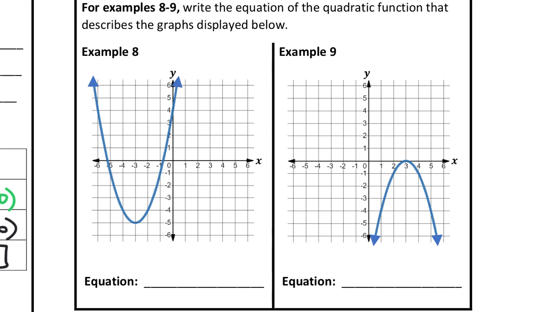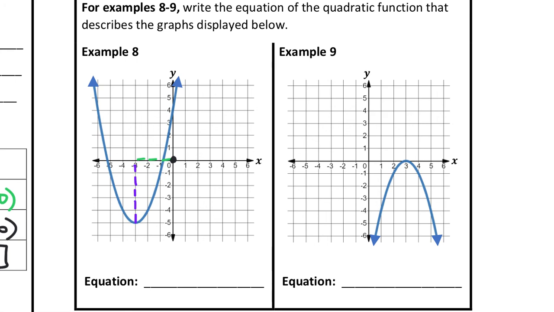So if my starting point is at 0, 0, this blue graph went 1, 2, 3 steps to the left, and 1, 2, 3, 4, 5 steps down. So it went 3 to the left, 4 down.